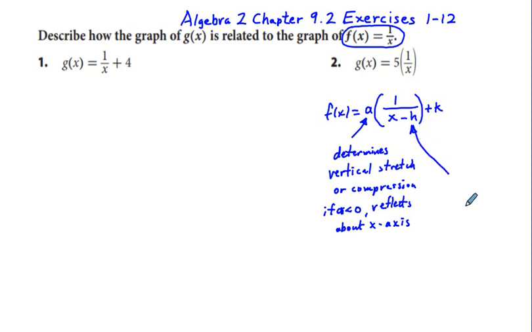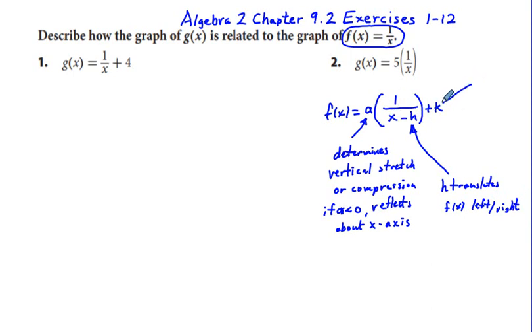h translates f(x), the parent function, left and right. And you might remember that if h is positive, the translation is to the right.